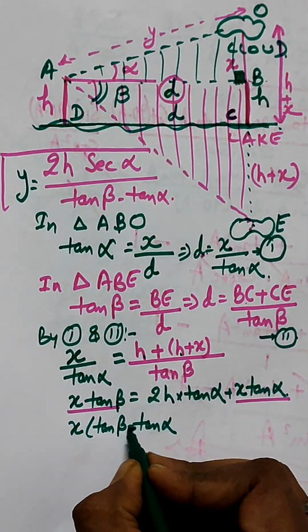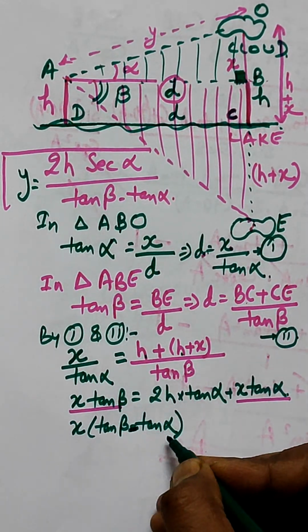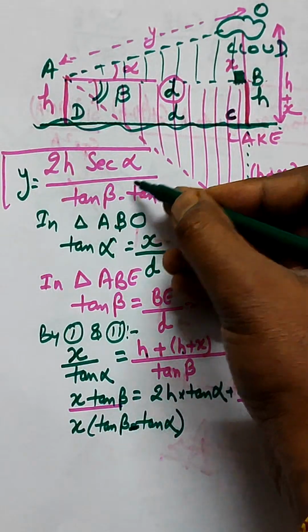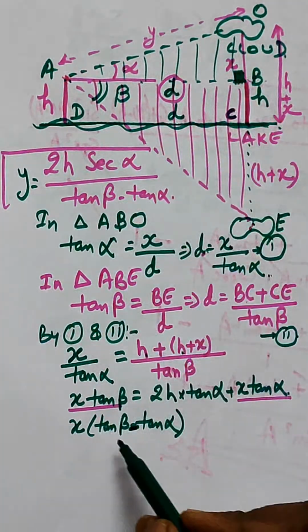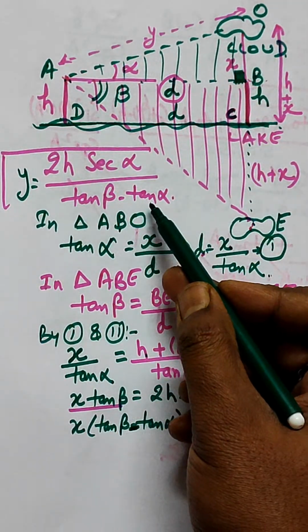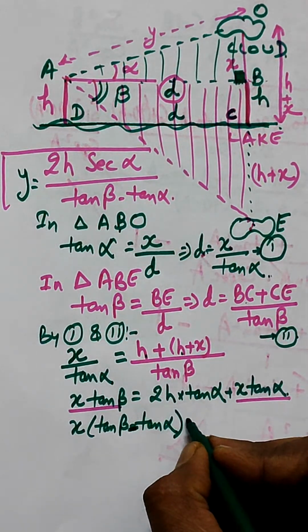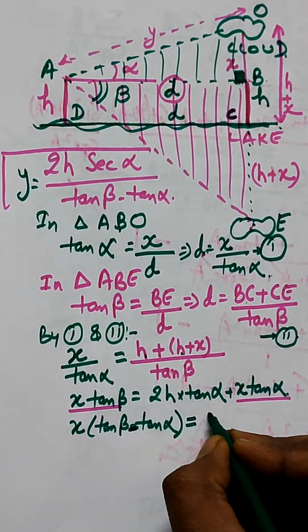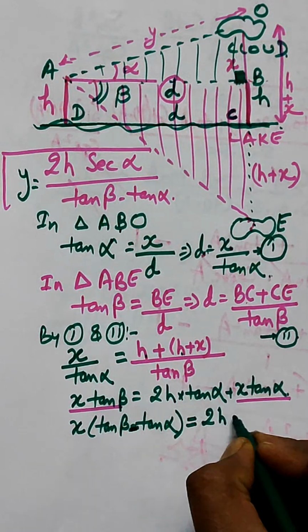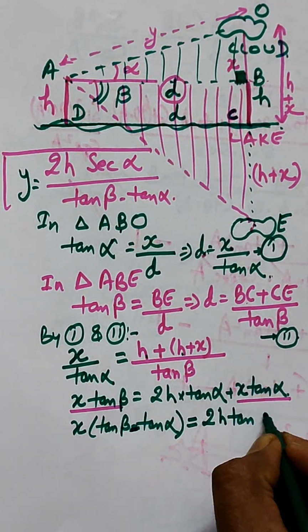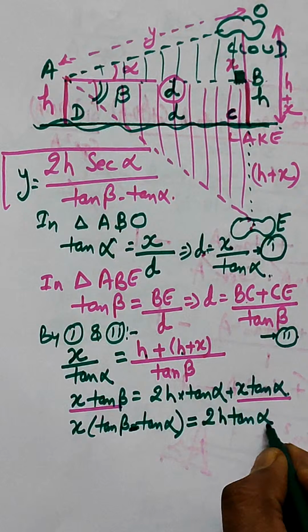See students, here we are going to derive the actual requirement which we need to prove, the distance, because tan beta minus tan alpha is coming into the denominator. So we are just close to that, equal to 2H tan alpha, this one, right?